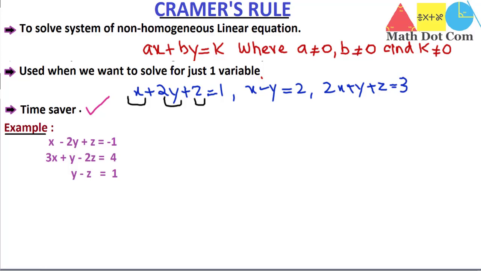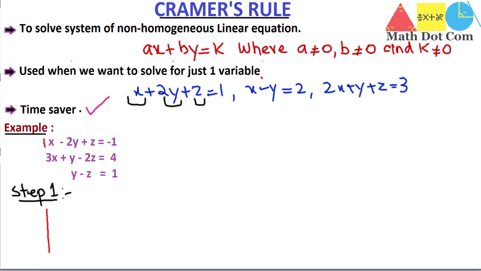So let's start: how you can use Cramer's rule to find the value of the variable that you want. Step number one is to write this system of equations in matrix form. First we write the coefficients of the variables.